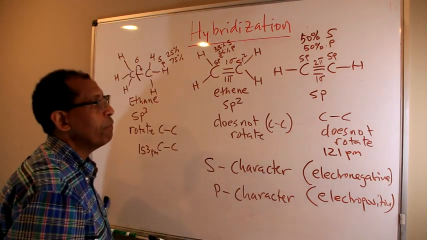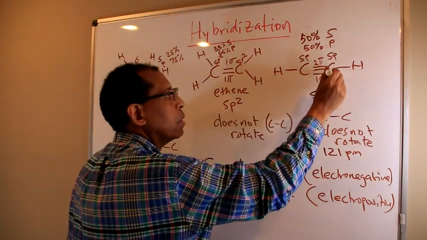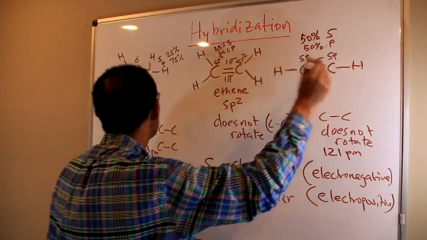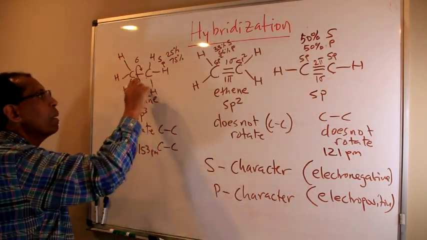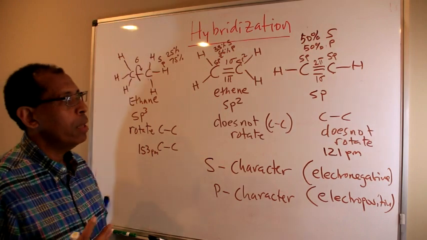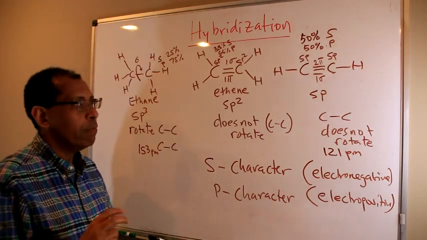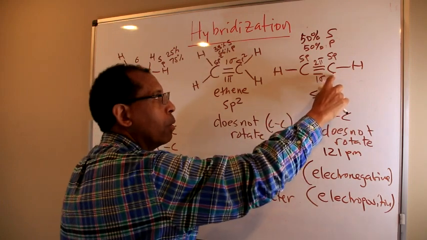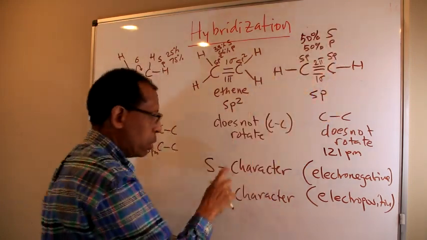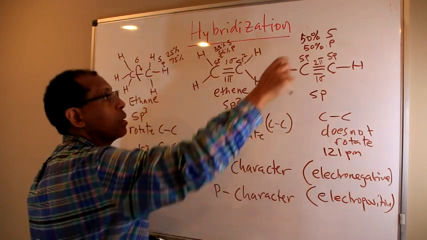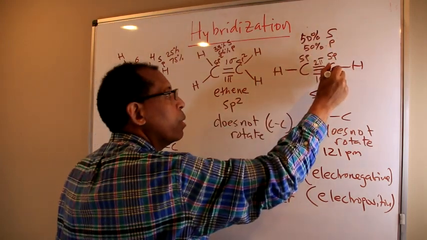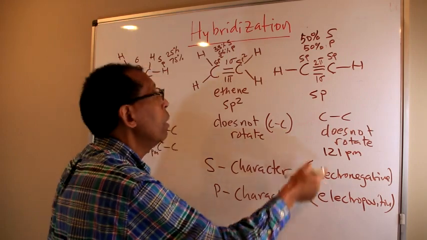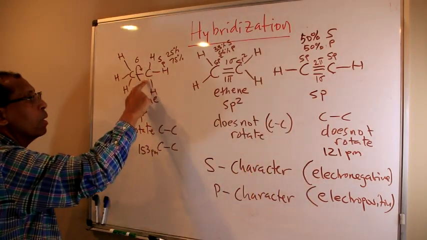So for example, if I consider this carbon with much more S character than this carbon, if somebody asks you which one is more electronegative in nature, the carbon on sp, since it has 50% S character, is more electronegative than this carbon.